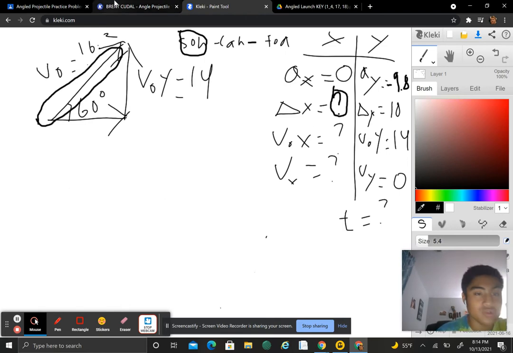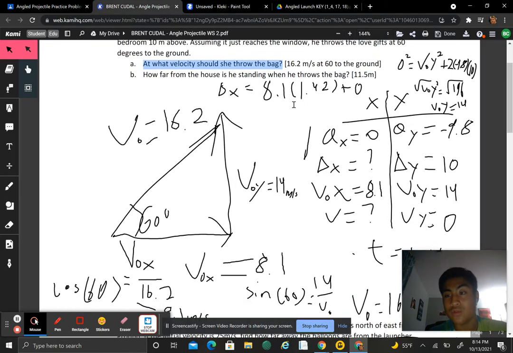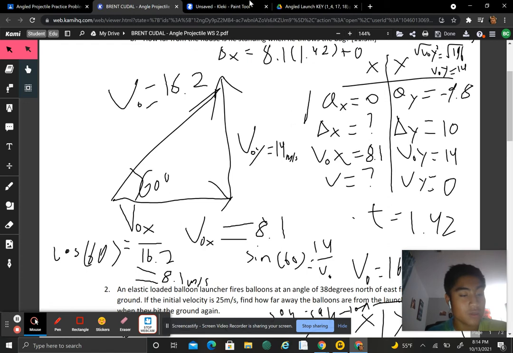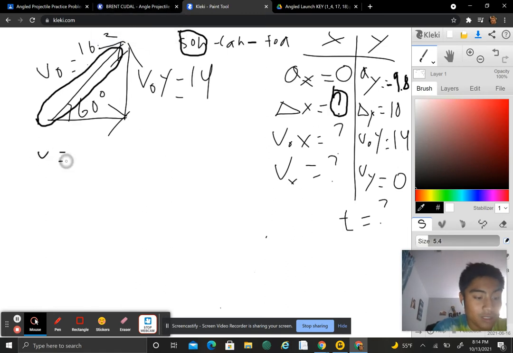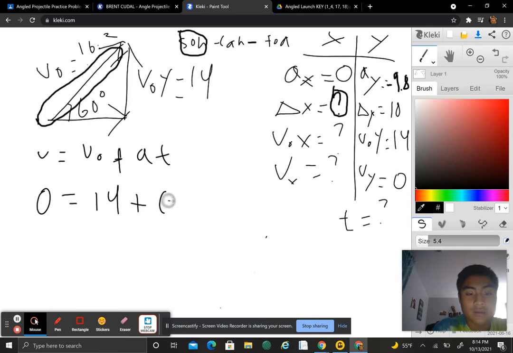You can use really any of the equations, but honestly, for simplicity's sake, I'm going to use the first equation, which just so happens to be v equals v naught plus at. So plug in your variables. V for y is 0, v naught for y is 14, plus negative 9.8, and then t, which you're solving for.